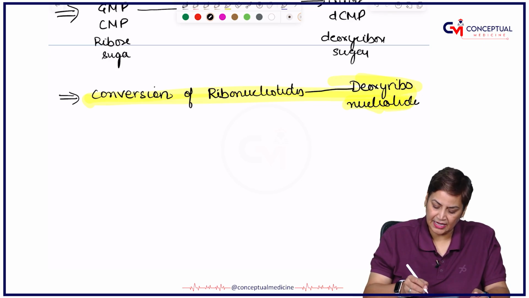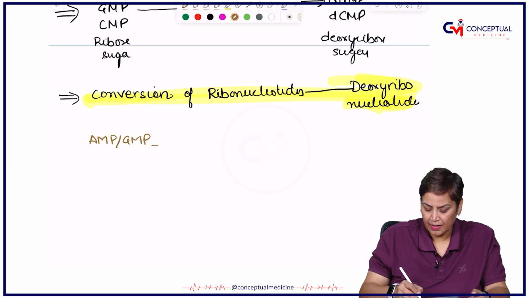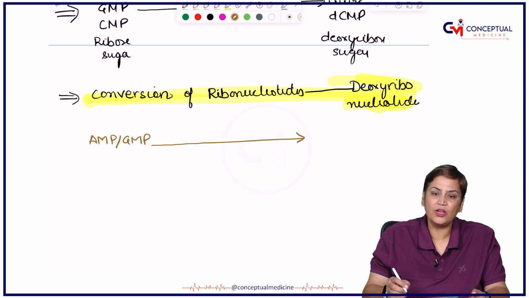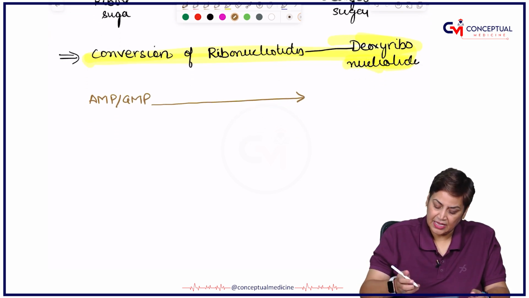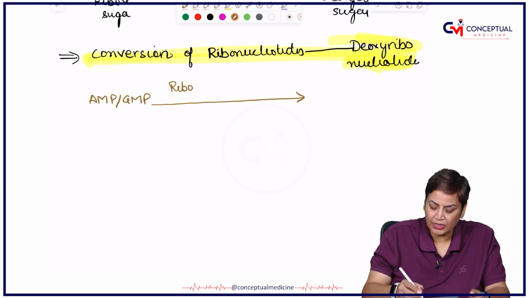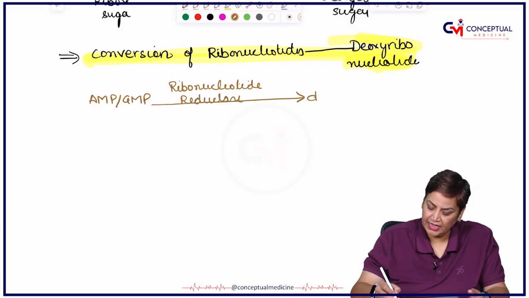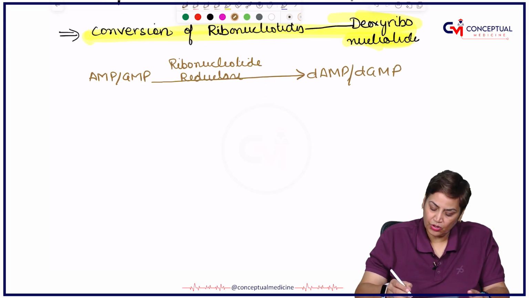So I can simply say that the reaction is AMP or GMP in the presence of ribonucleotide reductase is going to be converted into dAMP or dGMP. And ribonucleotide reductase consists of thioredoxin.